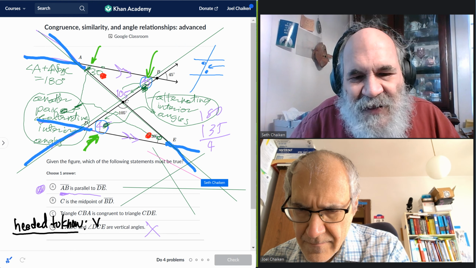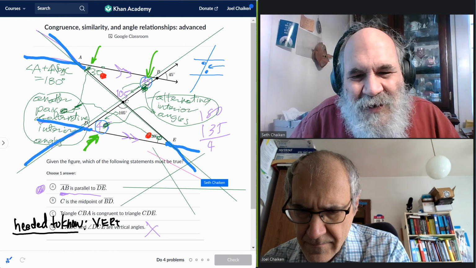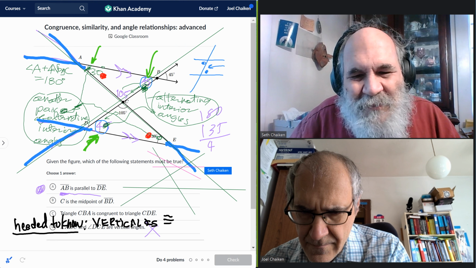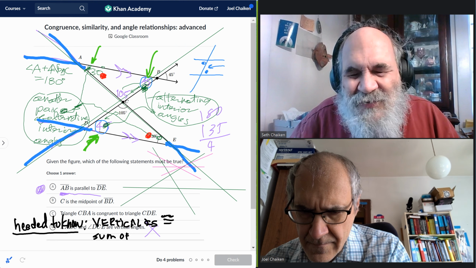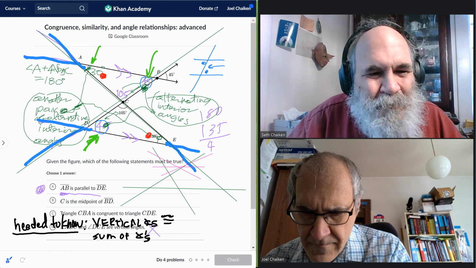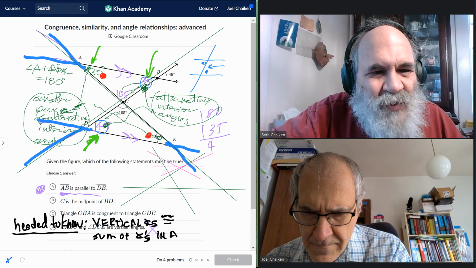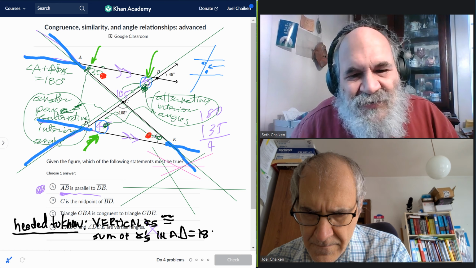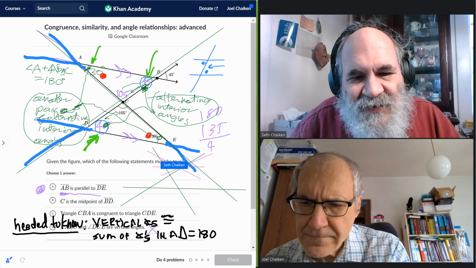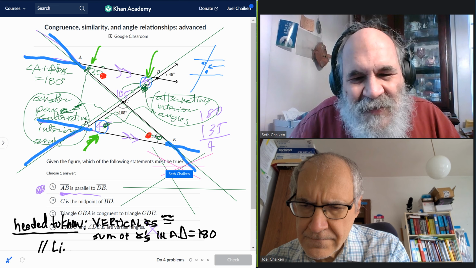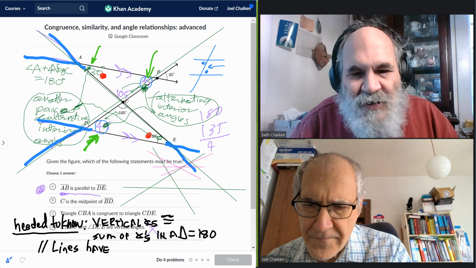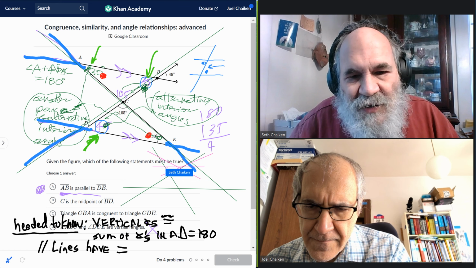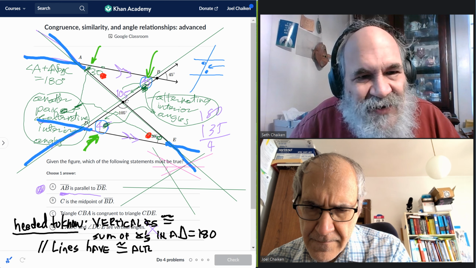The fourth line might be like this, or like this, or like this. What distinguishes these three different lines is the different angles that they make with one of the transversals. So if this angle, let's call this angle A.